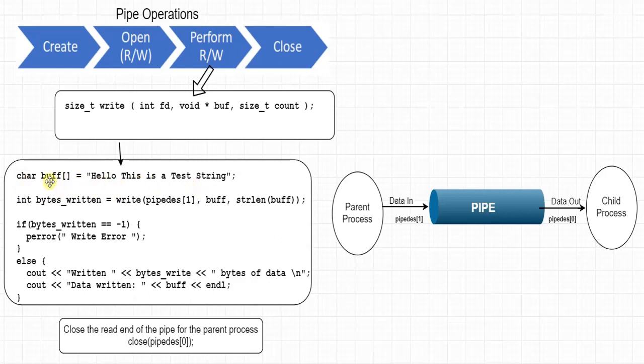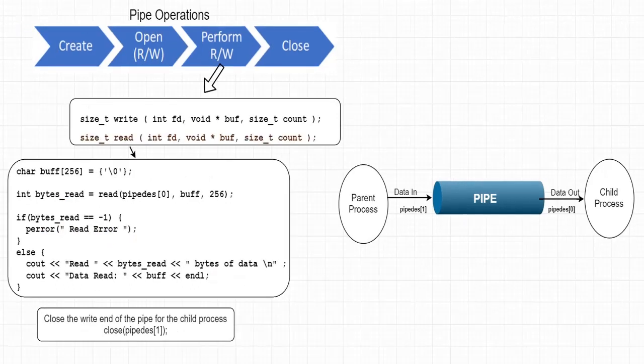The contents of this buffer are written into the write end of the pipe, that is pipe descriptor 1. The number of bytes written is given by the string length of the buffer. On a successful write operation, the number of bytes written is returned into the bytes written variable, which we print here. In case of failure, it returns -1 and we print the error as well.